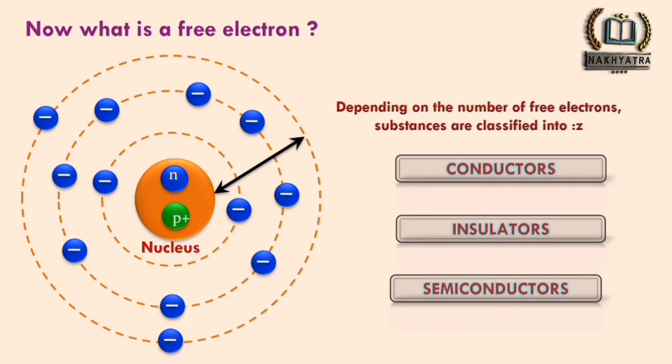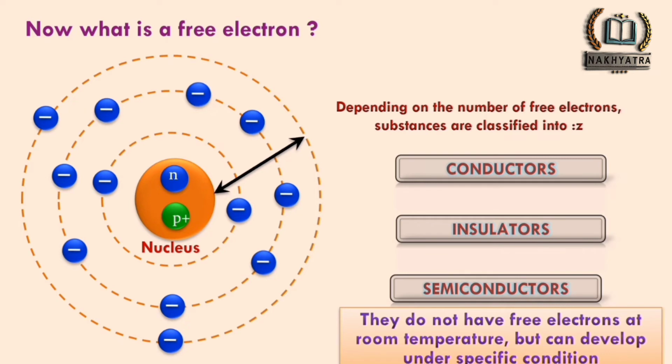The next is semiconductors. So what are semiconductors? They do not have free electrons at room temperature, but free electrons can develop under specific conditions. In general, at room temperature they cannot produce electricity.